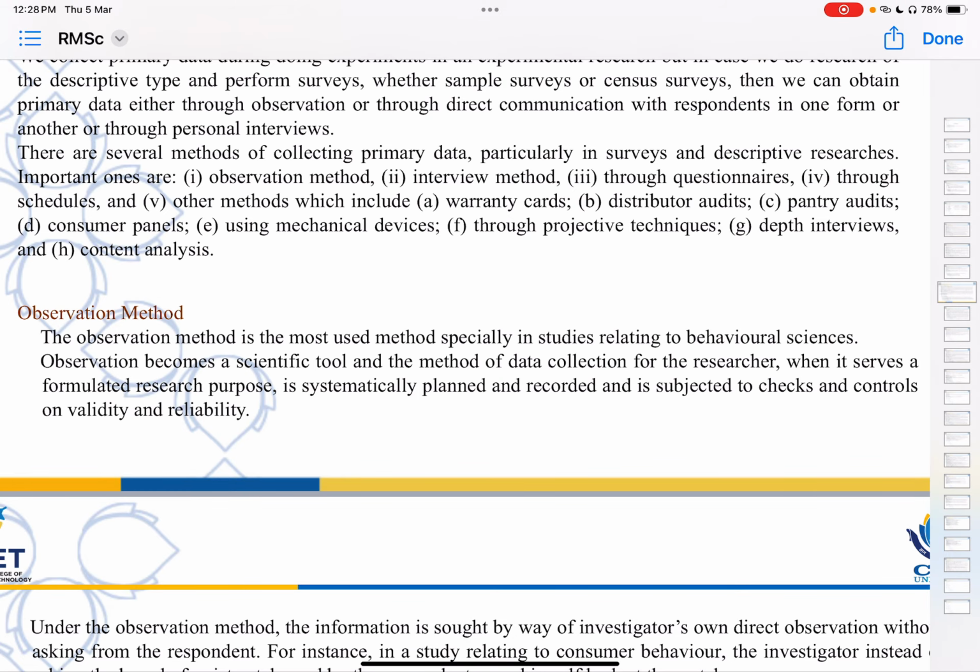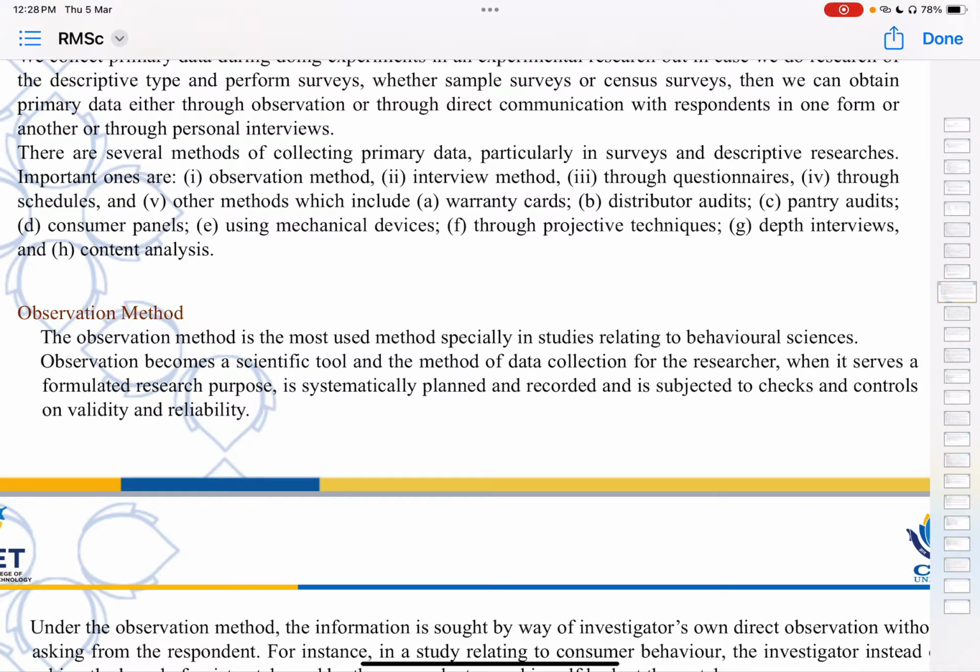The observation method is the most used method, especially in studies relating to behavioral sciences. Observation becomes a scientific tool, and a method of data collection for the researcher, when it serves a formulated research purpose, is systematically planned and recorded, and is subjected to checks and control on validity and reliability.